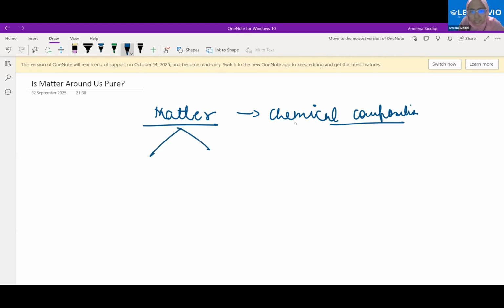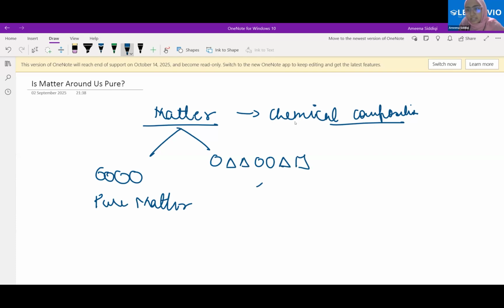Now, if the same type of particles have combined together, then that's a pure matter. If different types of particles have combined together, something like this, then it's what kind of matter? Impure matter, right? Now we are just specifically focusing on impure matter.